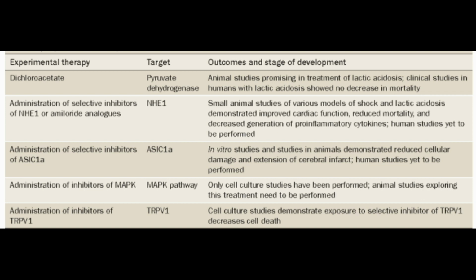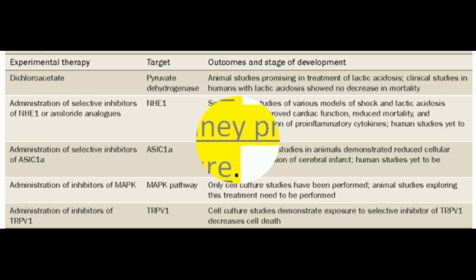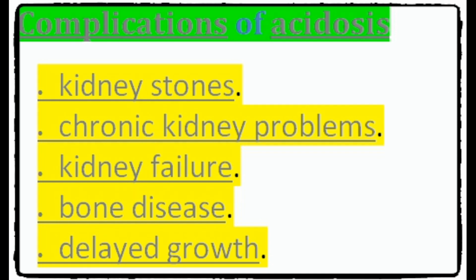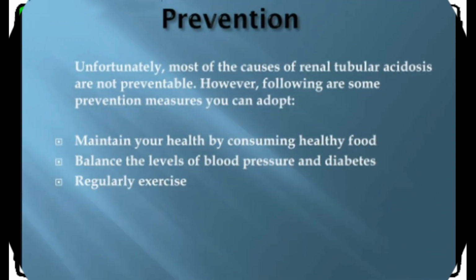Lactic acidosis treatment might include bicarbonate supplements, fluids, oxygen, or antibiotics, depending on the cause. Complications. Without prompt treatment, acidosis may lead to the following health complications: kidney stones, chronic kidney problems, kidney failure, bone disease, delayed growth.